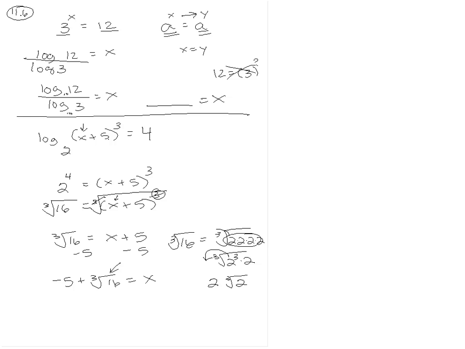Think of it, remember, 2 to the 4th. If we had the cube root of 2 to the 4th, 3 goes into 4 once with 1 left over. So it's negative 5 plus 2 times the cube root of 2. That's what x equals. You just had to simplify this.